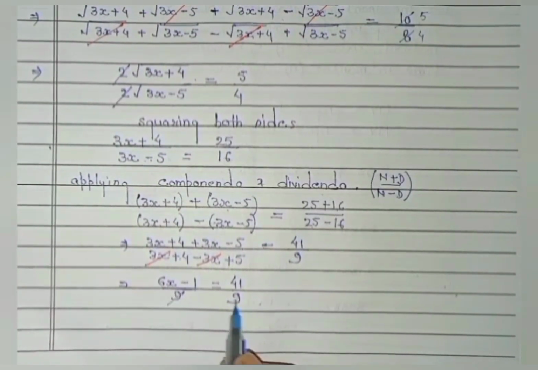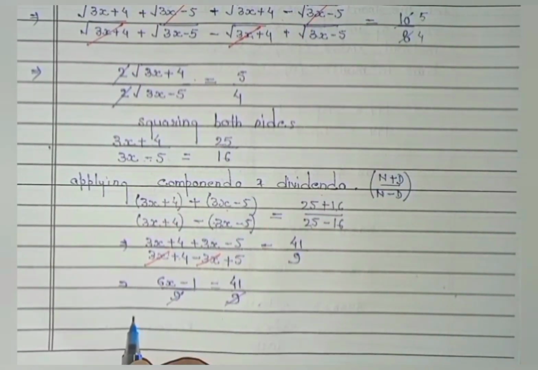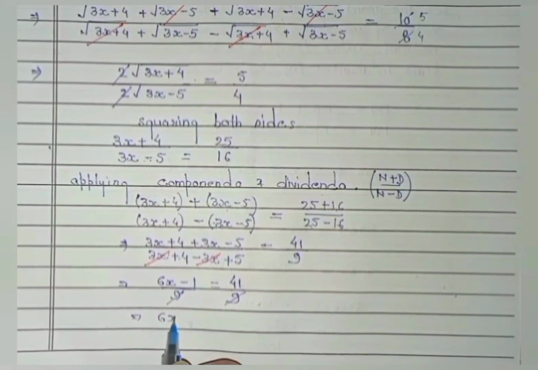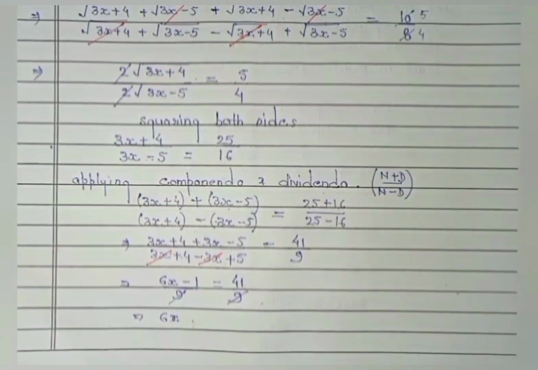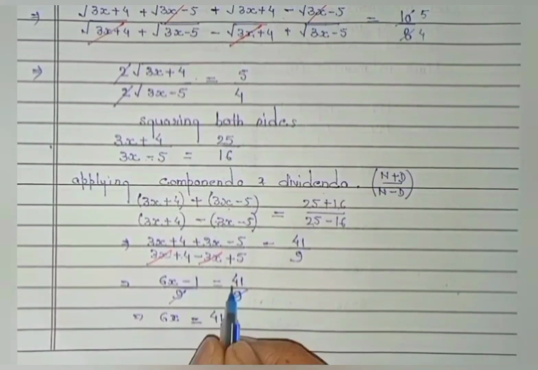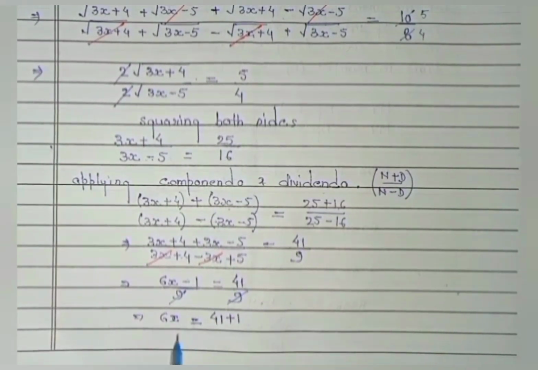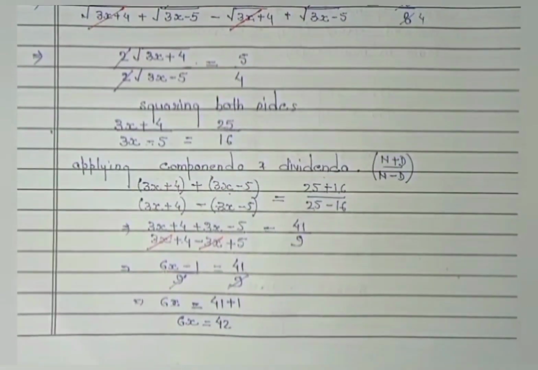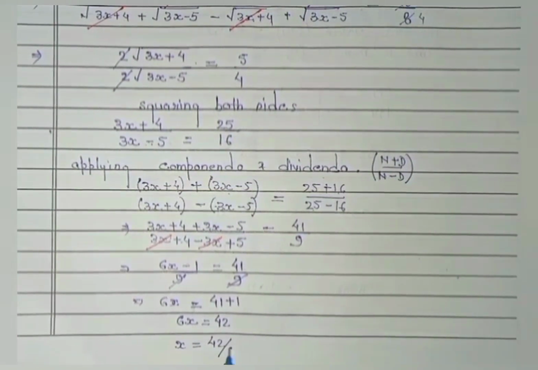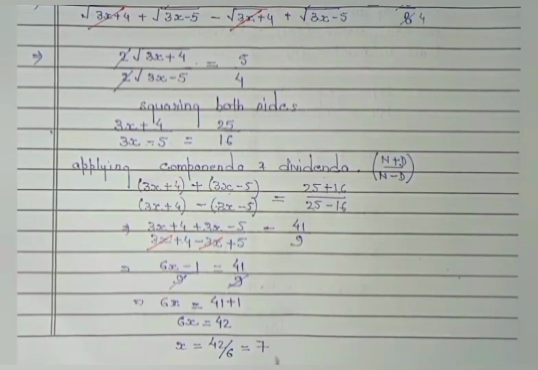So the 9 can be cancelled out. So 6x is equal to 41, and this will become plus 1. So you are getting 6x is equal to 42. So finally x is equal to 42 upon 6. That will give you 7.